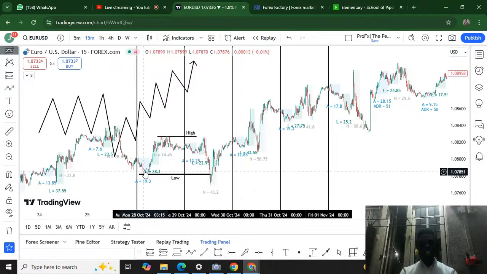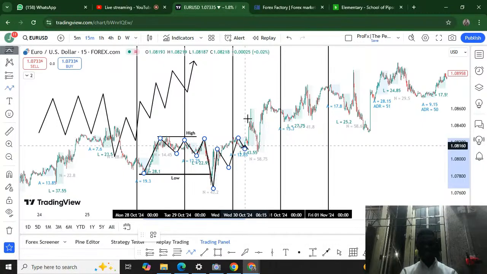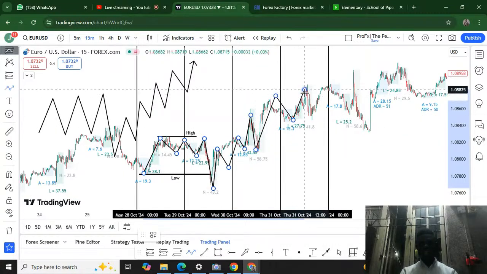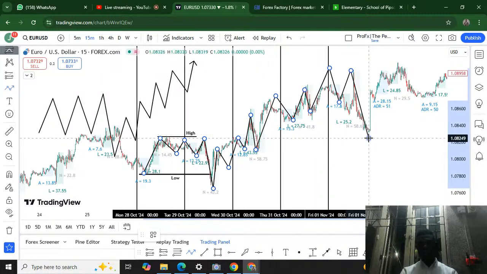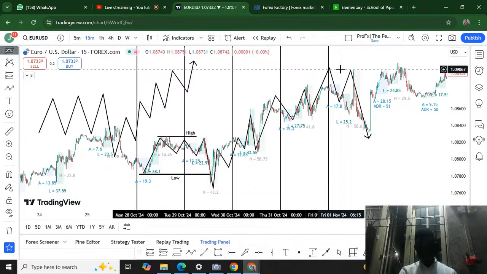So Monday did this thing. Then Tuesday came and gave us the full manipulation. Then it started distributing into Thursday. Then Friday did what? Pullback. So this is a perfect example of accumulation, manipulation, distribution, and pullback.